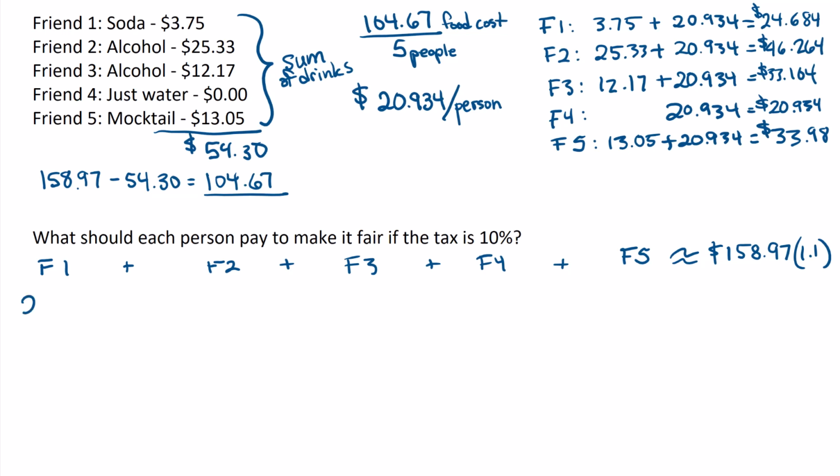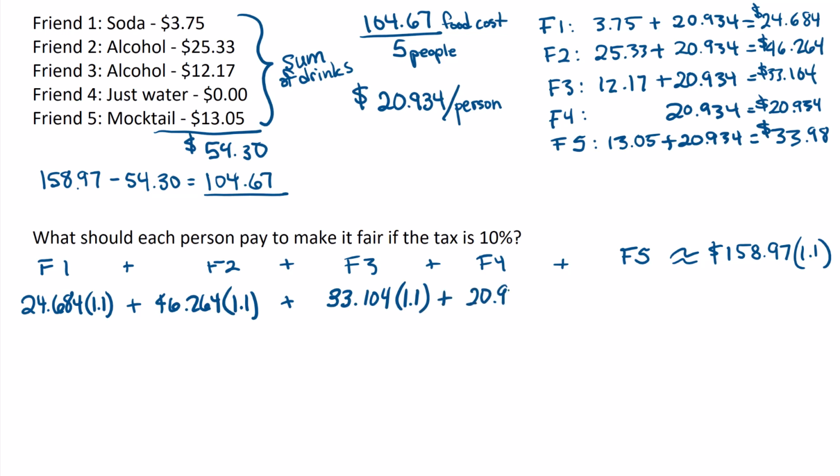Friend 1 is spending 24.684 times 1.1 plus friend 2 is 46.264 times 1.1 plus friend 3 is 33.104 times 1.1 plus $20.934 times 1.1 plus $33.98 times 1.1.